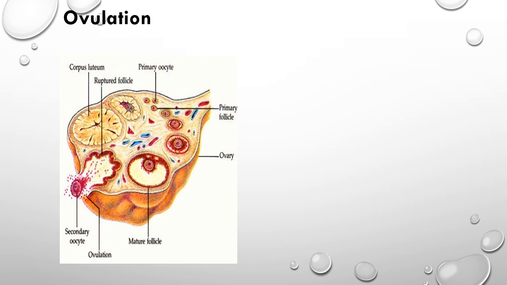This process of ovulation takes place with the help of one hormone called luteinizing hormone. I think you remember this hormone. It is produced by the anterior lobe of the pituitary gland, and it is abbreviated as LH. So LH helps in ovulation.